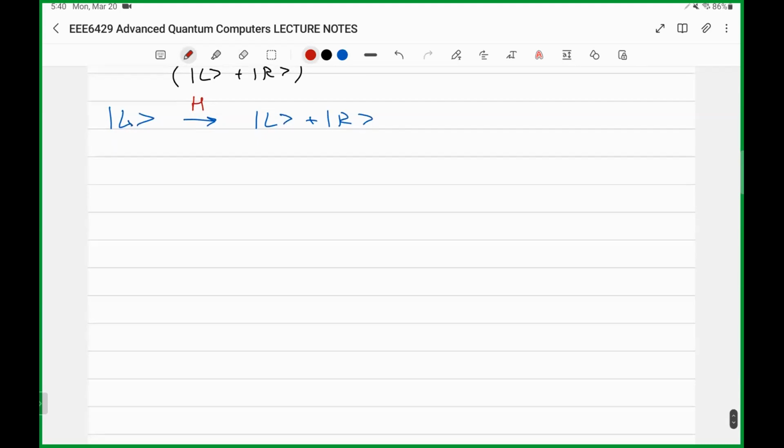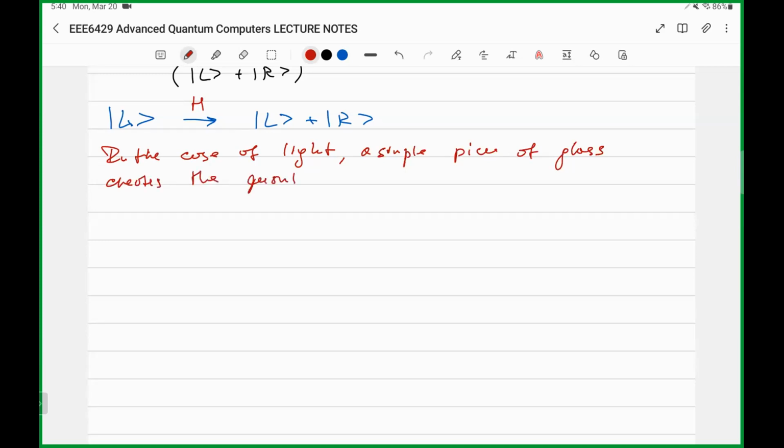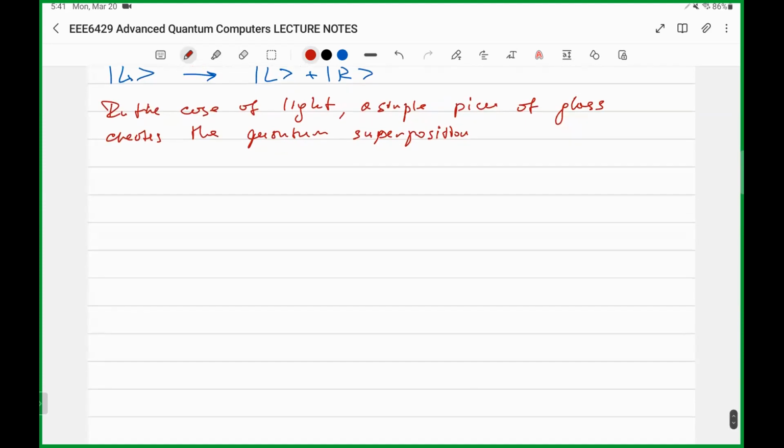Okay, so let's actually write this down. So in the case of light, a simple piece of glass creates the quantum superposition.